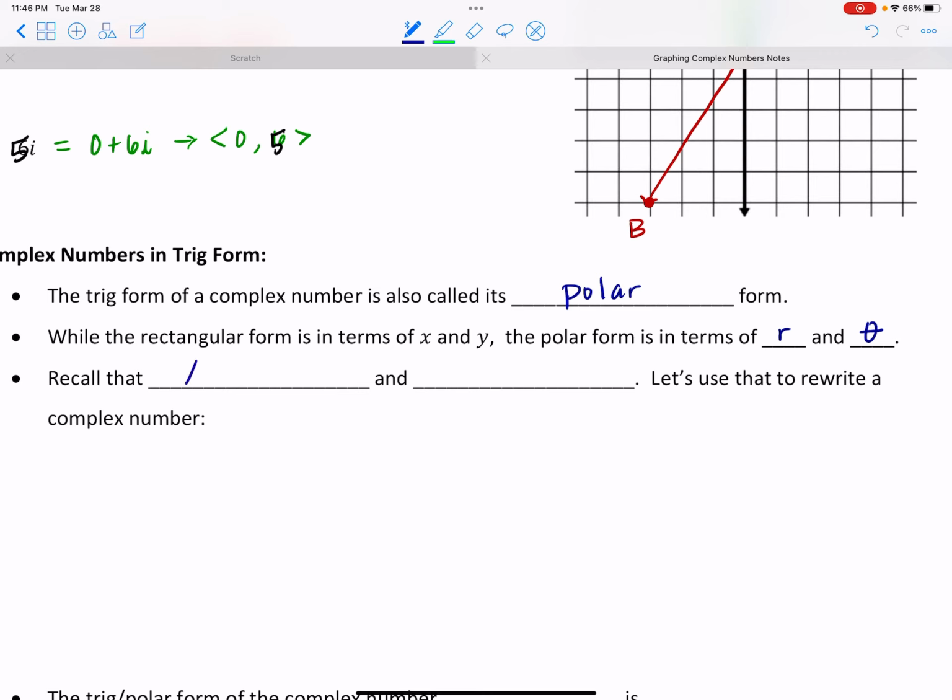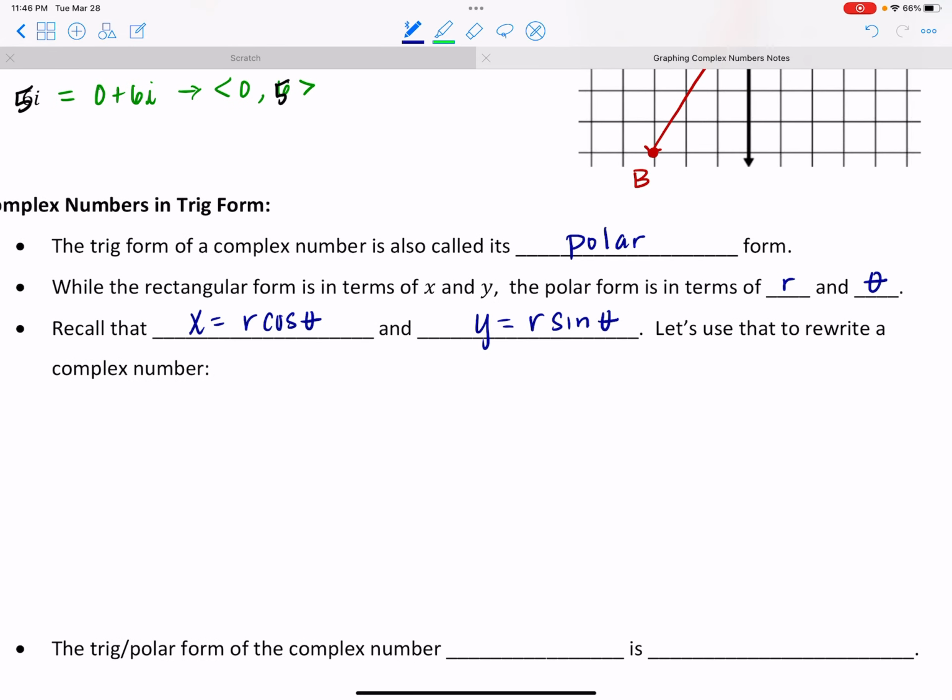So this came up in our previous topic. We know that x can be found by multiplying the radius by the cosine of theta, and we know that y can be found by multiplying the radius by the sine of theta. So I actually want to use those two things to rewrite a complex number. So let's say we had our complex number in our standard rectangular form, again our x plus yi.